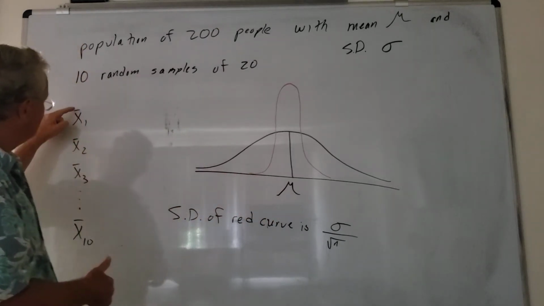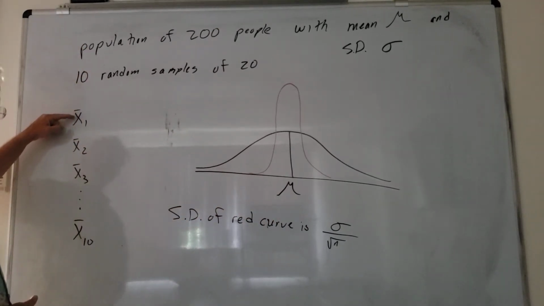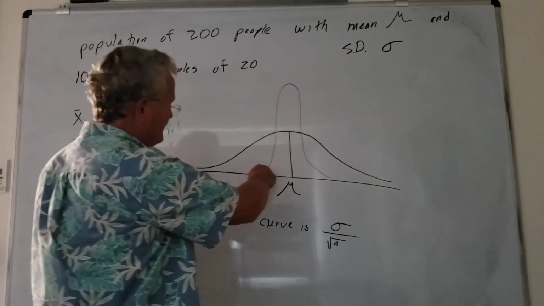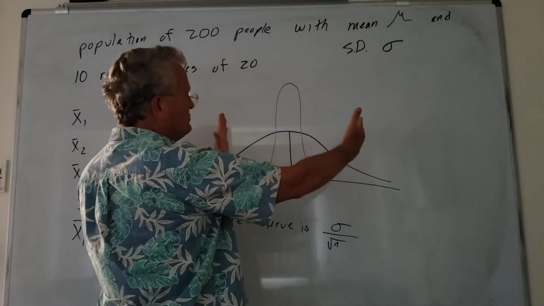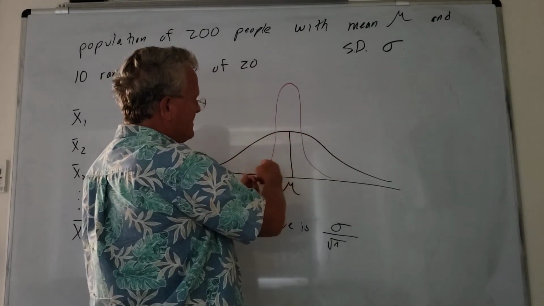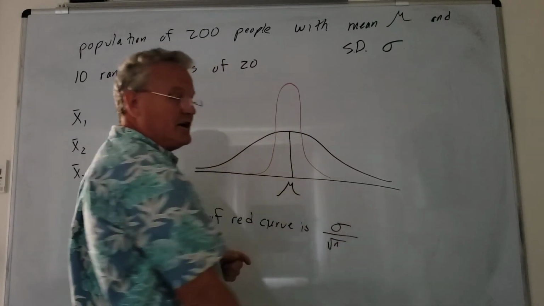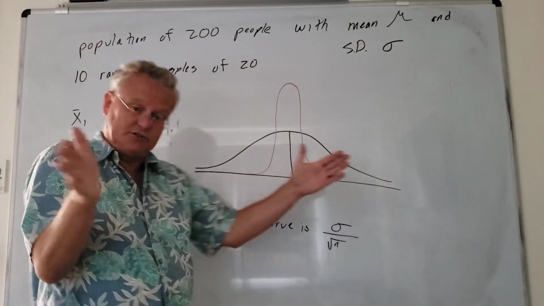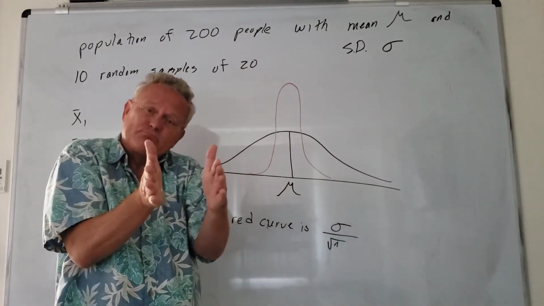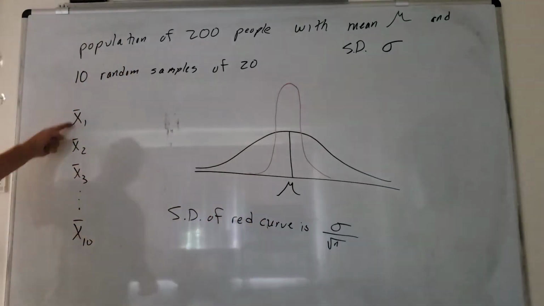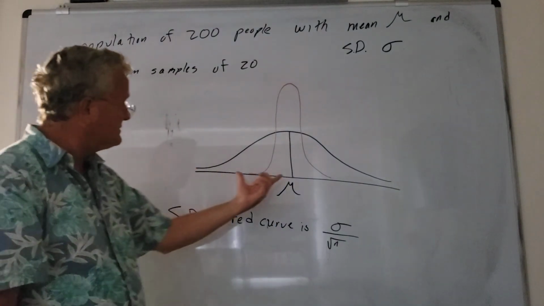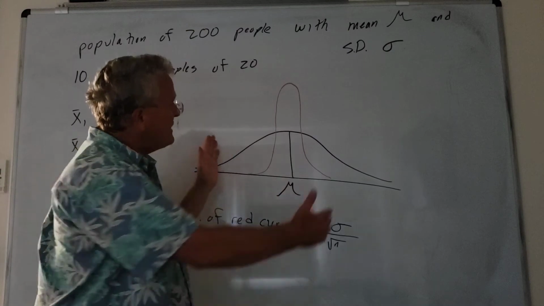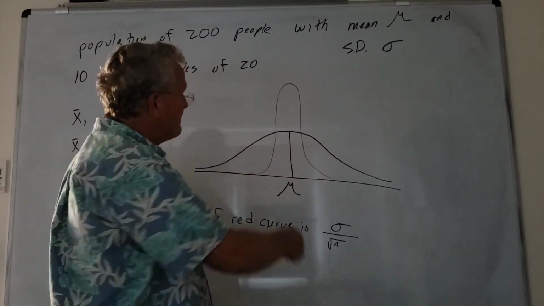So when I graph the distribution of these averages, that's this red graph, that distribution is going to get squeezed down, and its standard deviation is going to be a lot smaller because it's not as spread out. It makes sense because each of these has a sample of 20 people, and each of these averages is going to get closer to that. So that's the basic idea of the central limit theorem.